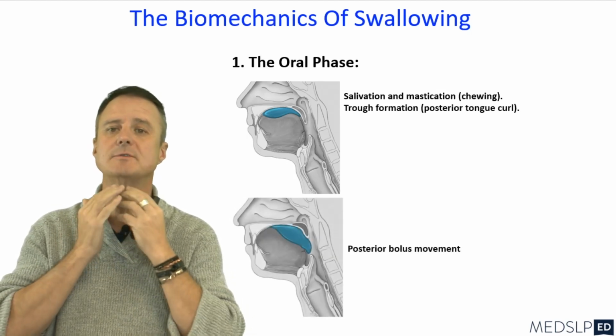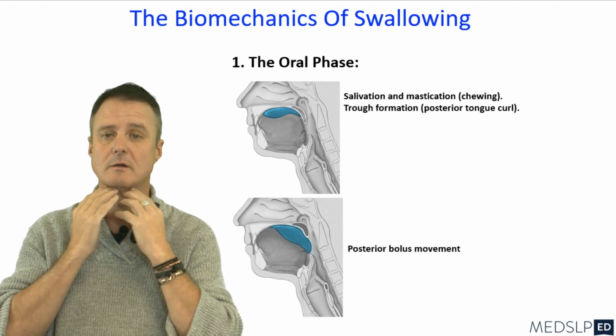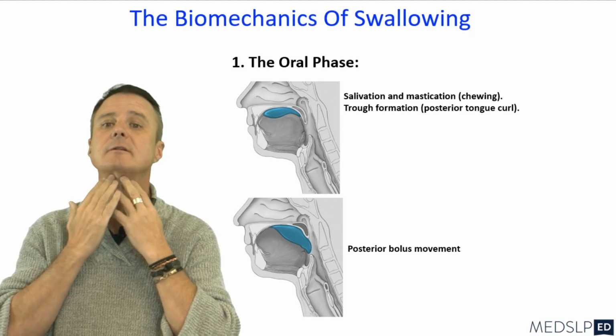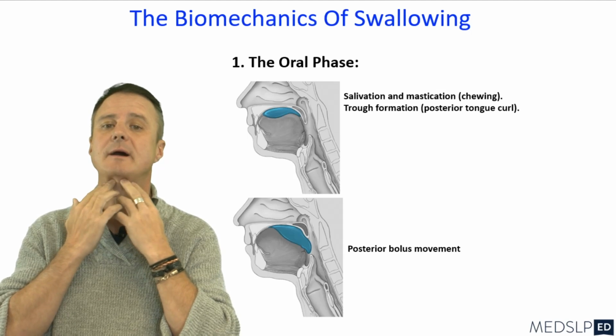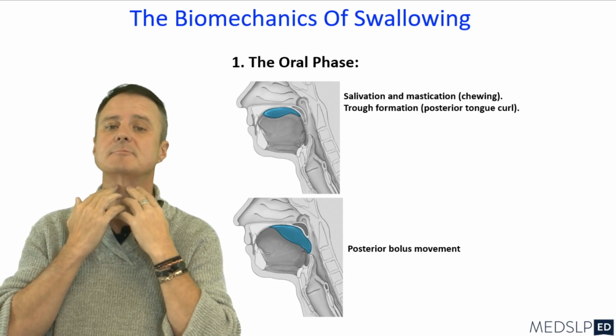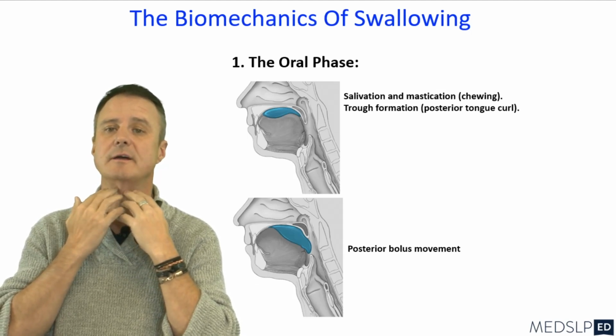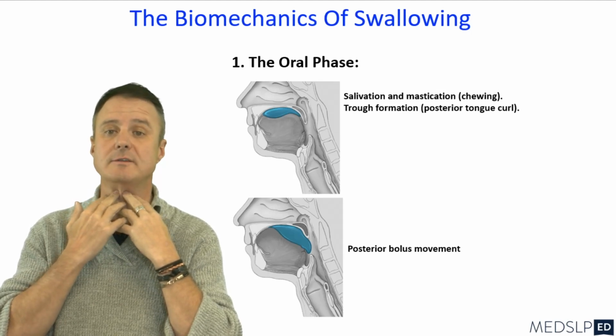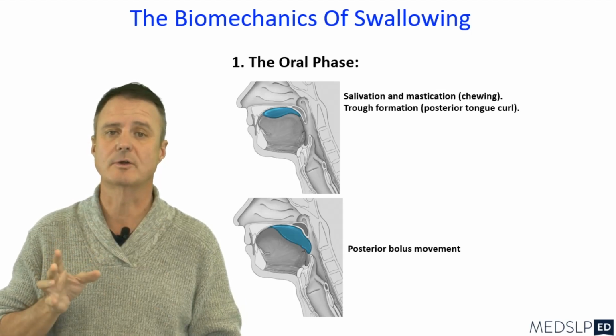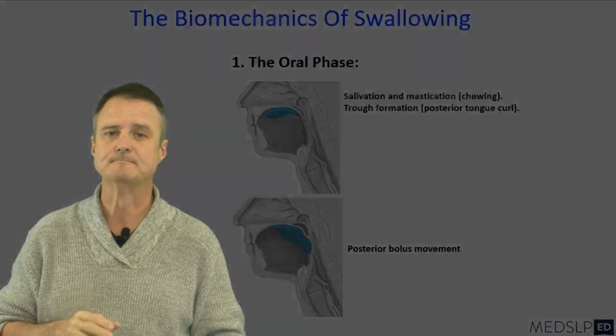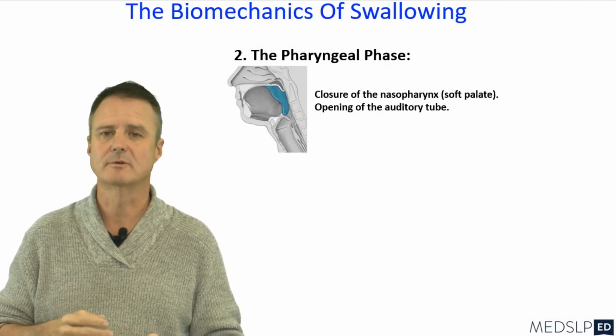And so that posterior bolus, whether it's water or food, is being forced back towards the larynx area, and hopefully not into your trachea. So that's the oral phase, unless you're eating Oreo cookies.